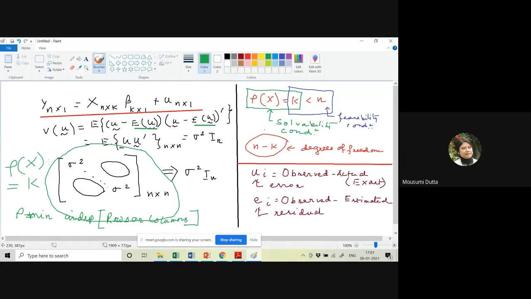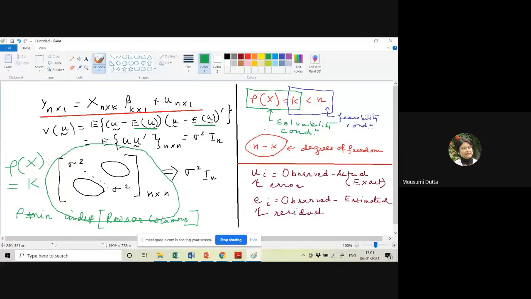First of all, we need independence between X and U, that we are ensuring considering non-stochastic X. First part. Second part, we want that all columns of X should be independent to each other. So the matrix X will have full column rank.